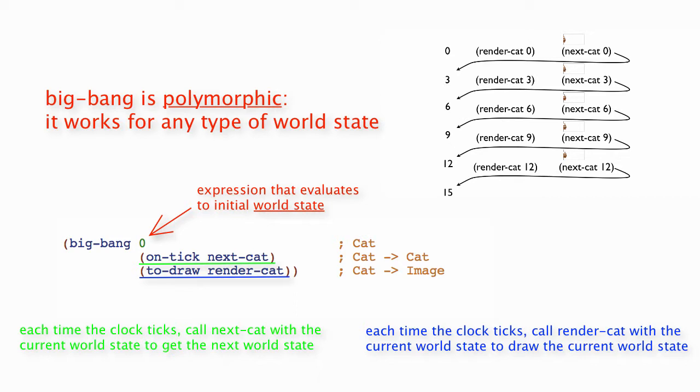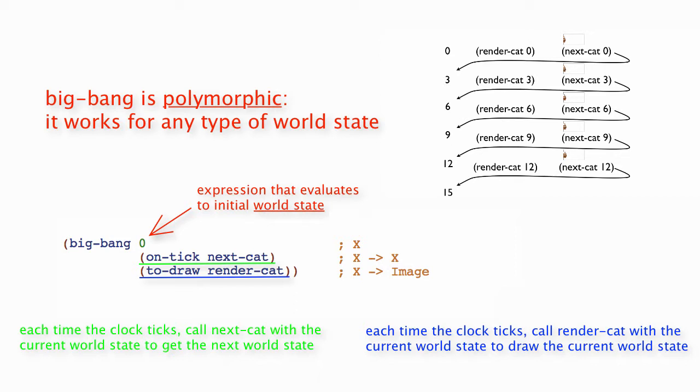So actually here where we've noted cat and cat to cat and cat to image, as far as Big Bang's concerned, it can be anything. So really it could be X, X to X, and X to image. All Big Bang wants is for you to give it an initial world state. And then for onTick, you've got to give it a function that consumes a world state of that type and produces a world state of that type.